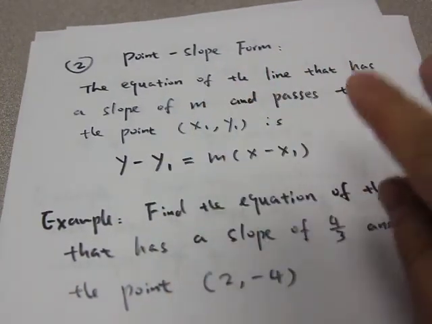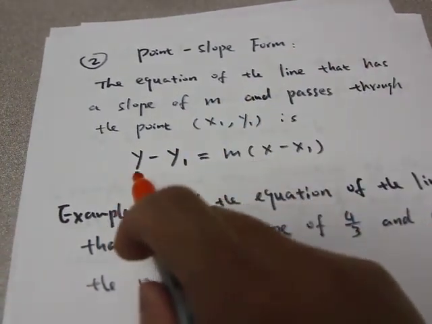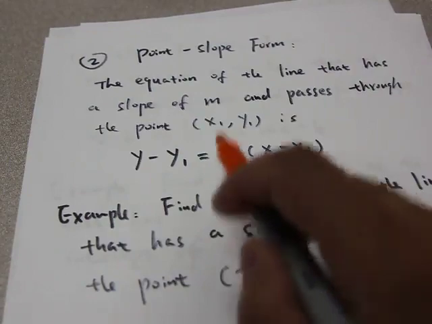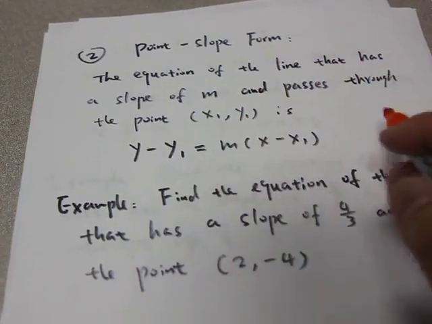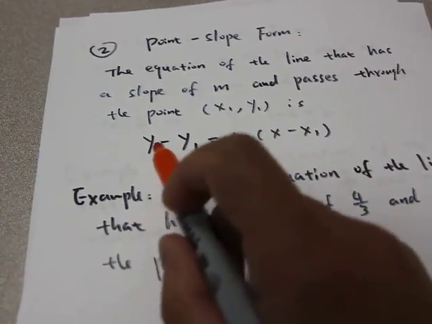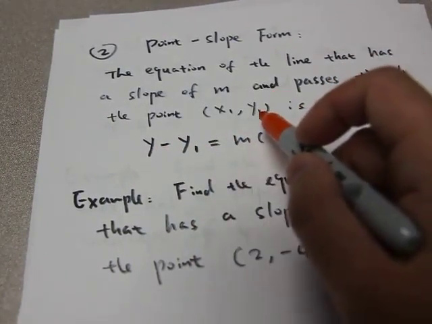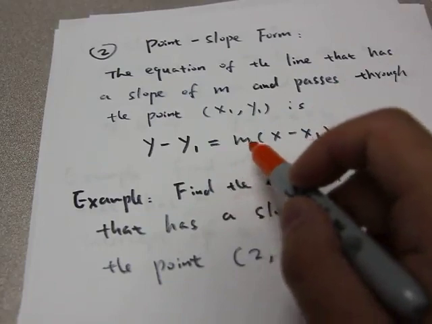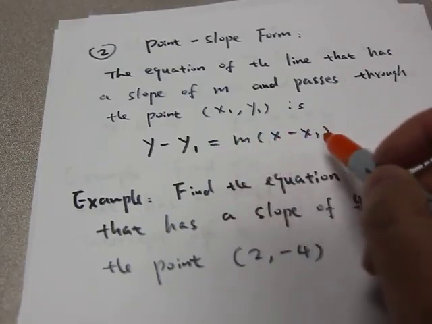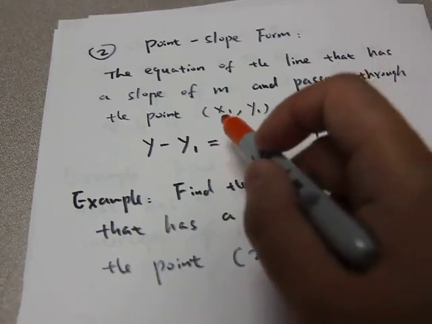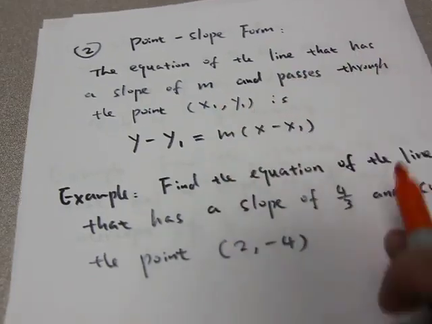If we are given these two things, we can use the following equation to define this straight line. So the equation is y minus y1, where y1 is the y coordinate of the point we're given, equals m, which is the slope, times x minus x1, where x1 is the x coordinate of the point we're given.